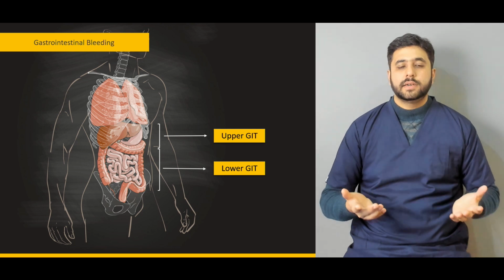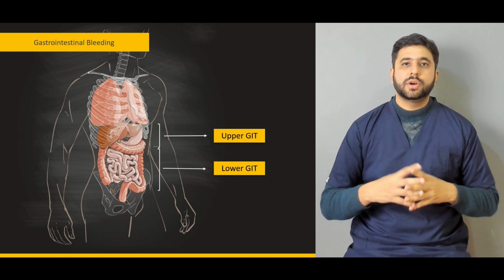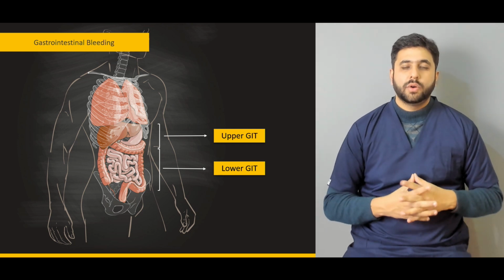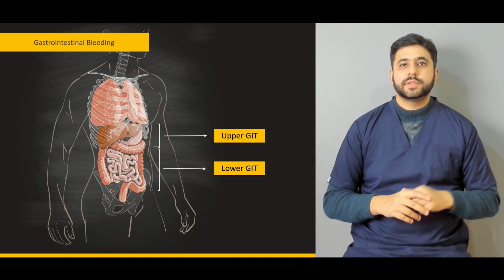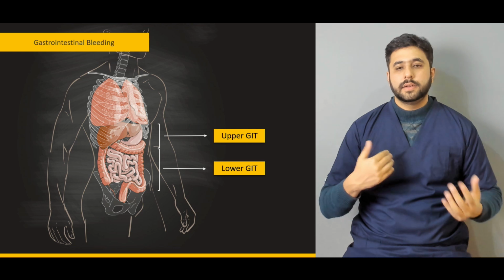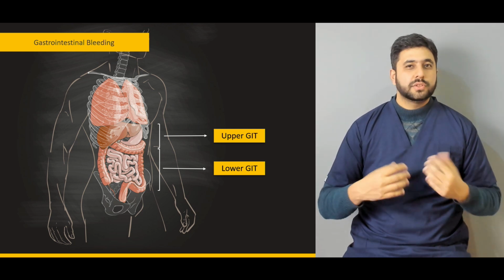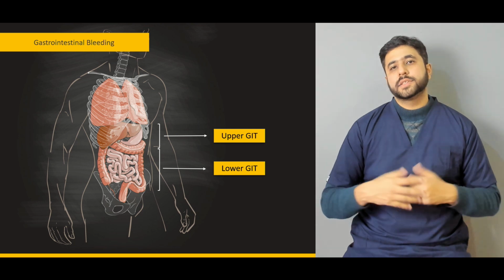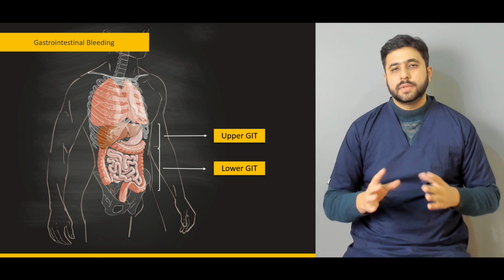There is another pair of terms used to define bleeding: occult bleeding and overt bleeding. Now, what do these terms mean? Occult literally means hidden. So occult bleeding is bleeding going on in the body, or in this case the GI tract, which is not visible to us. It doesn't come out of the anus, it doesn't come out of the mouth, and it is generally symptomatic.